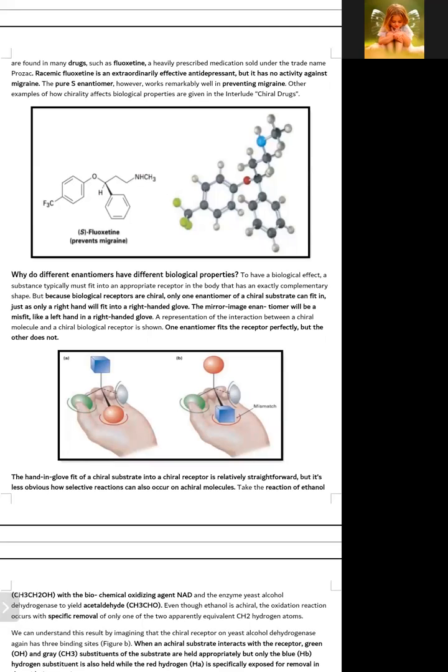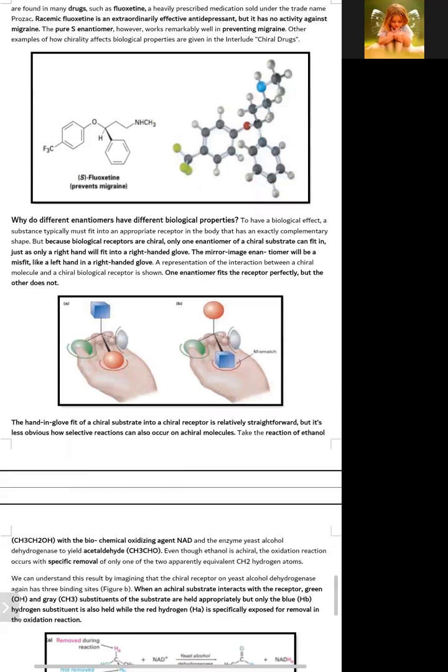The pure S-enantiomer works markedly well in preventing migraine. This is the structure of fluoxetine, which prevents migraine, and its configuration is S configuration.